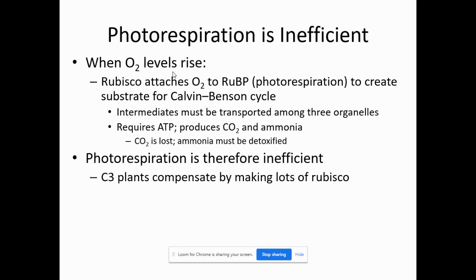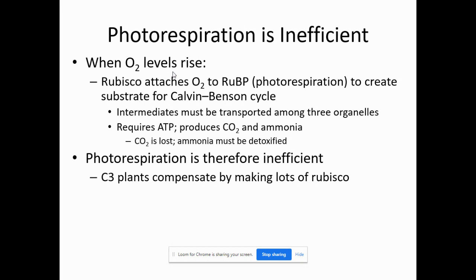During the dealing of the oxygen binding to RuBP, it has to use ATP. And so that's what leads to the inefficiency, because it's losing energy that it doesn't have to lose on a normal basis.